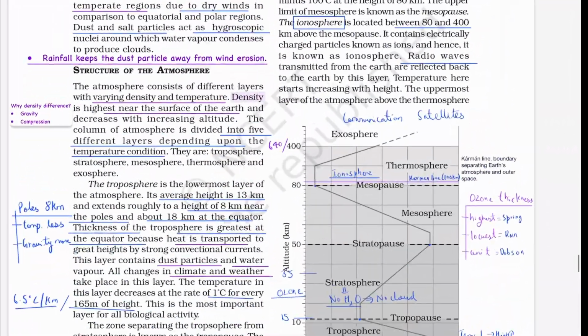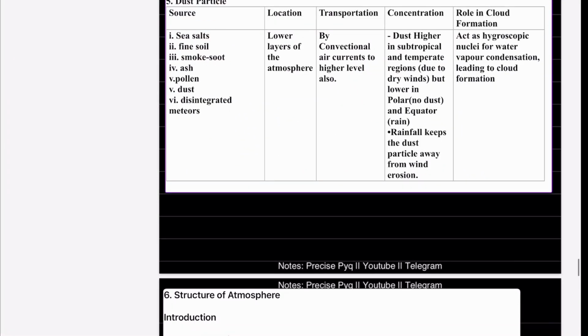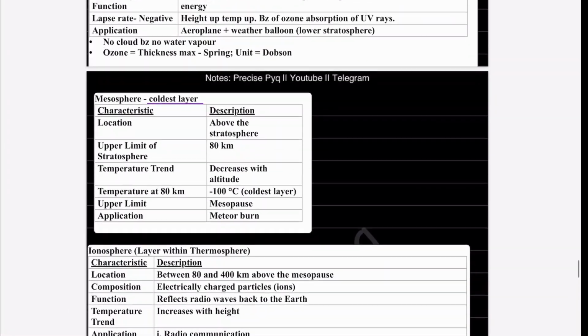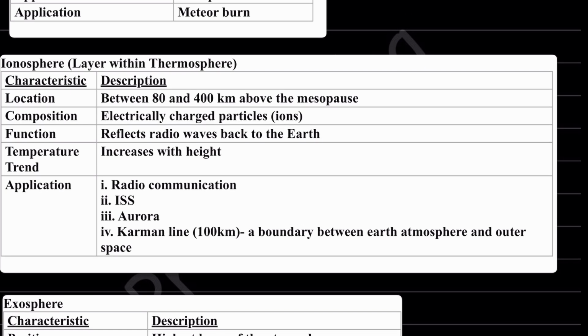You see, ionosphere within thermosphere. Now what does ionosphere do? Let's go to ionosphere and read. This is ionosphere, a layer within thermosphere, located between 80 km and 400 km above mesopause.